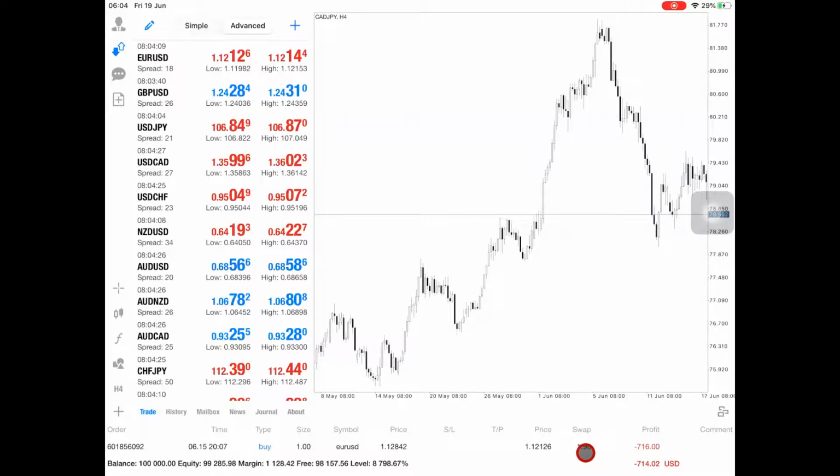If the swap is positive, you add the swap to your profit or loss. If the swap is negative, you subtract the swap from your profit or loss. I don't know if you get the concept. It was getting a bit confusing there, that's why I had to repeat it several times.